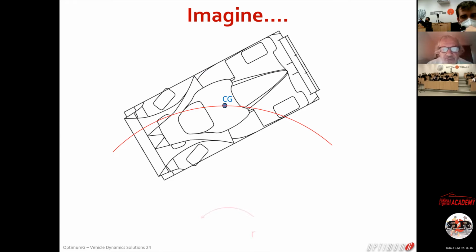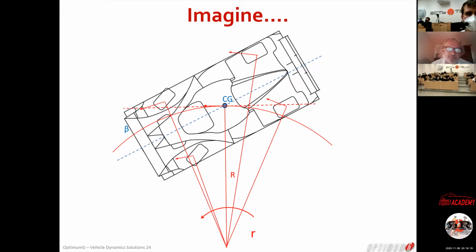Okay, so I want you to understand what I'm going to do here. You now have the ability to calculate, for a given beta, the yaw angle, and a given delta steering, what the slip angle is on each tire.